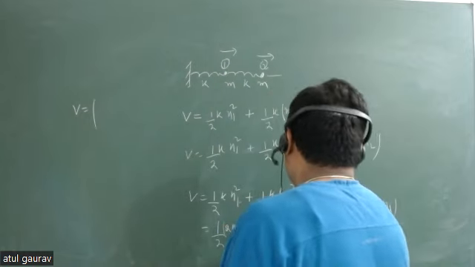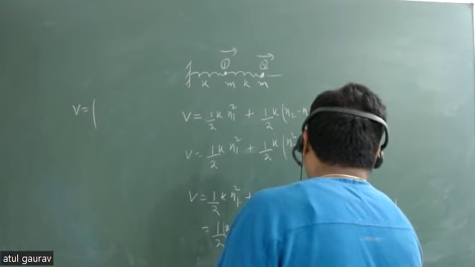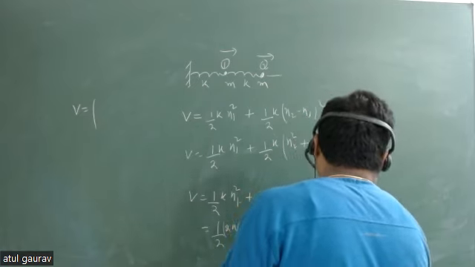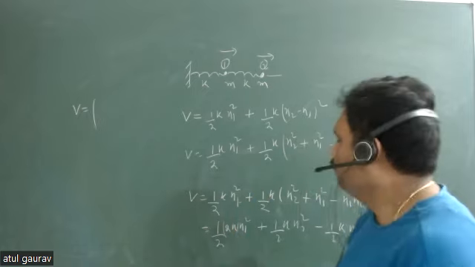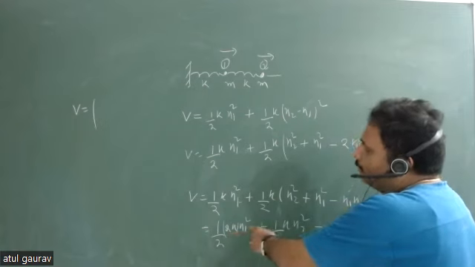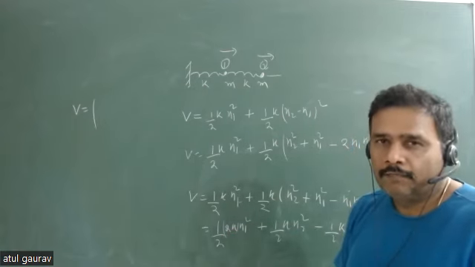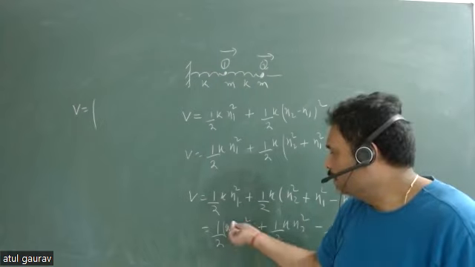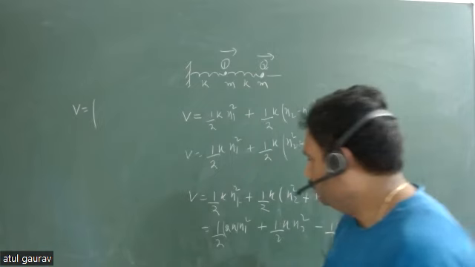Half k eta 2 square minus half k eta 1 eta 2 minus half k eta 2 eta 1. This half is very important. Never write k eta 1 square. Are you getting my point? आप ये कैंसिल मत कर देना एग्जाम में, अदरवाइज दिक्कत हो जाएगी.